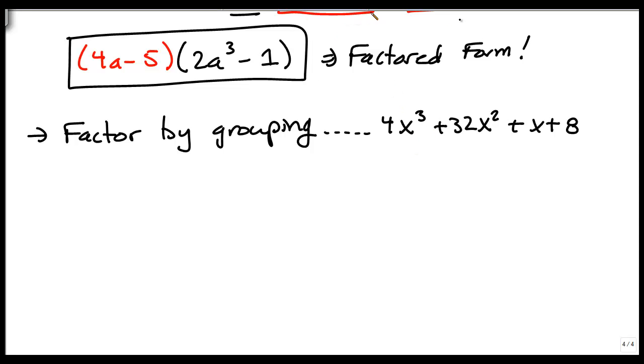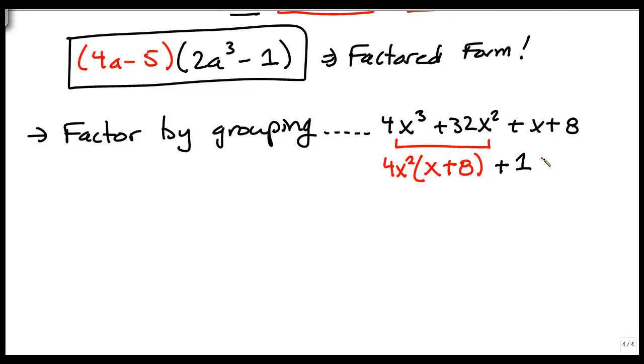So in our first problem, I could take this as my first group. Now the GCF of my first group is 4x squared. If I factored a 4x squared away from 4x cubed, I'd be left with an x plus an 8. 4x squared times 8 is 32x squared. Now in my next group, I just have an x plus 8.